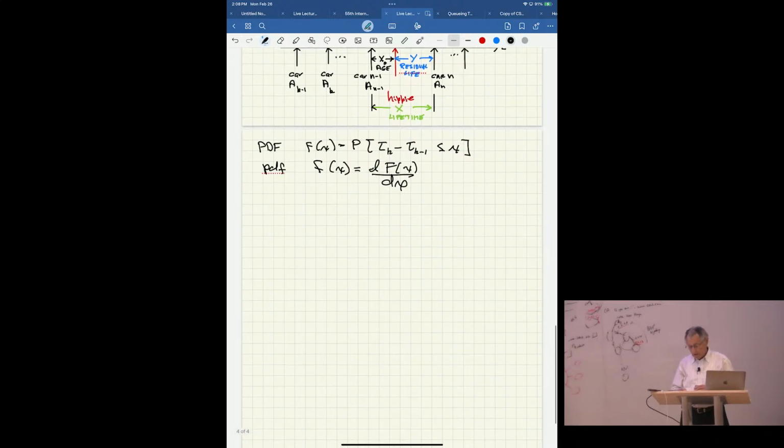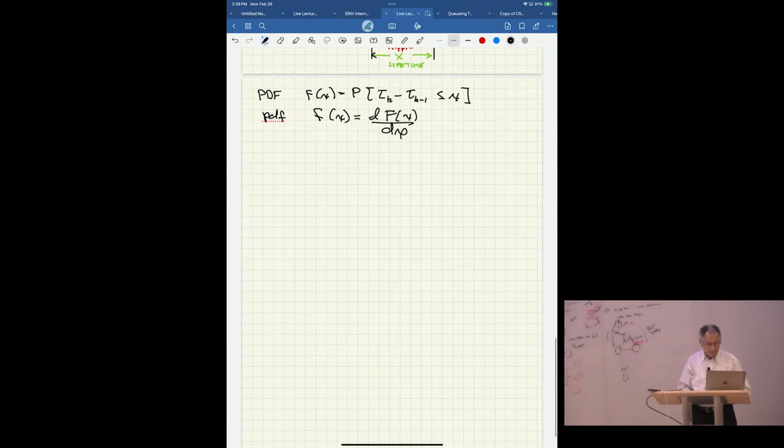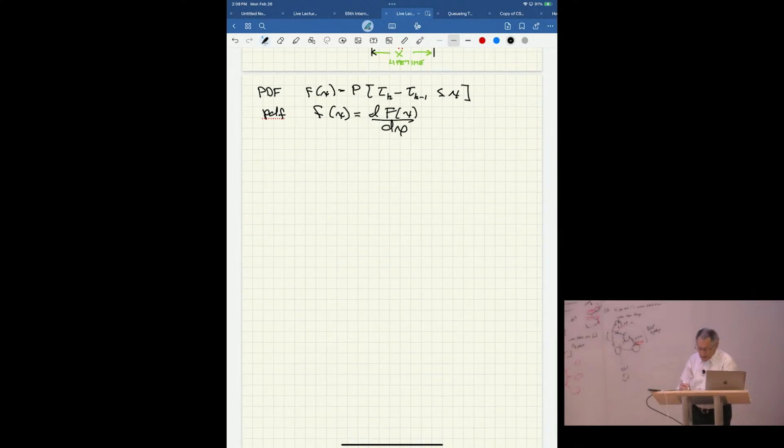And now the hippie's going to arrive at a random time. Okay? Let the interval in which he arrives be this green thing, capital X. Okay? So let X be the special lifetime, namely when the hippie arrives.